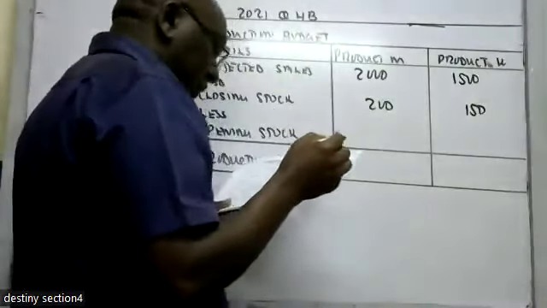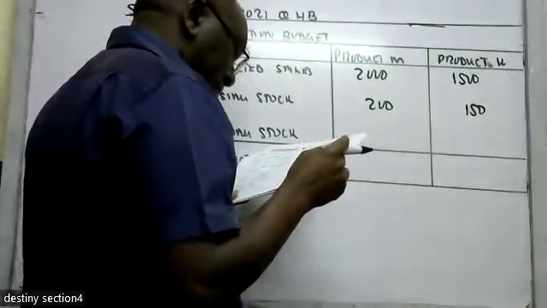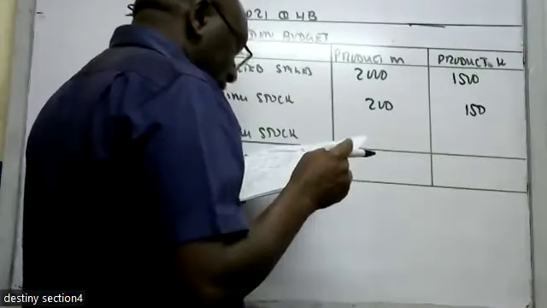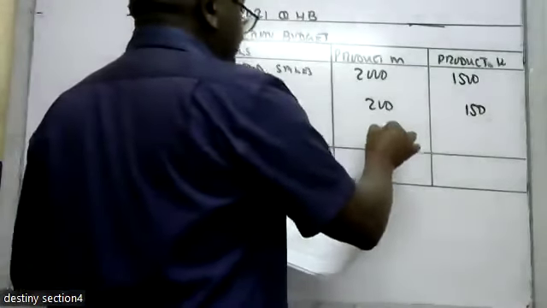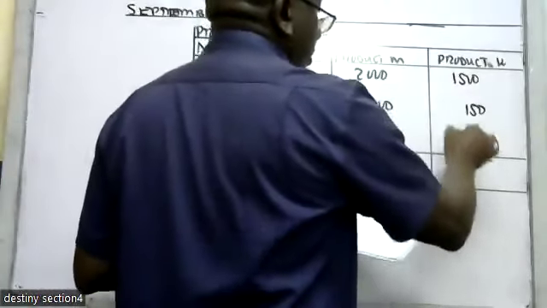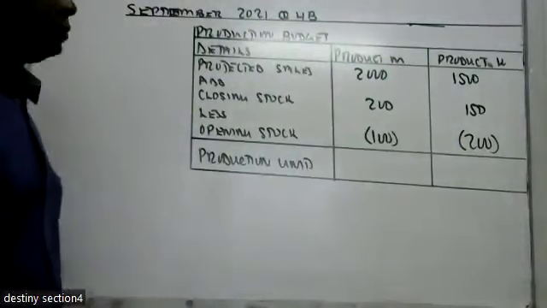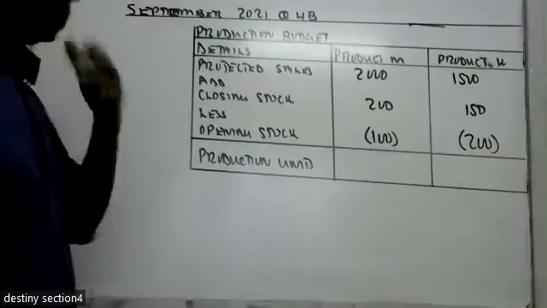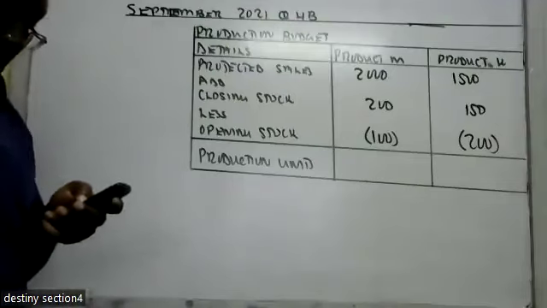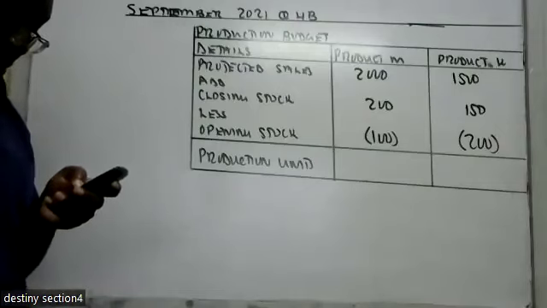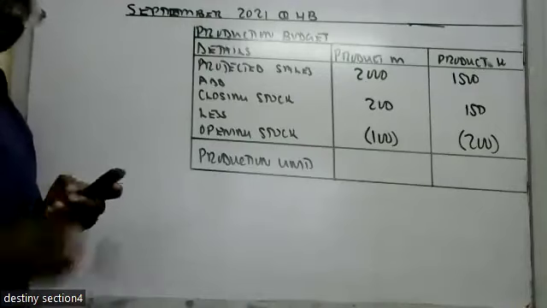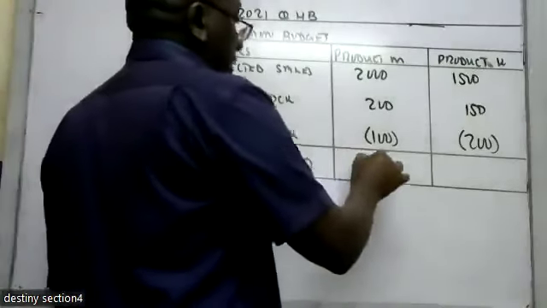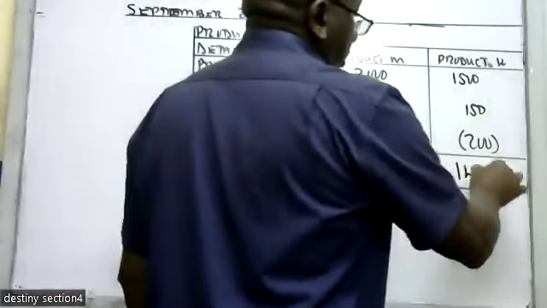And the opening stocks for the product, they are up there, this is 100, and this other one is 200. This comes to 2100, and this one comes to 1450. That's all.